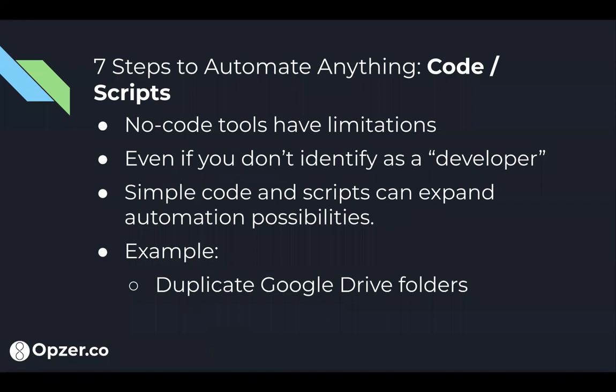Technically, with the APIs you can, but we did it through a script, through a platform called Google Apps Script, and that's how we were able to easily duplicate a Google Drive folder. In this case, it was for an agency client that wanted to duplicate a Google Drive folder when a client signed up. That's a use case where, for a relatively simple goal, duplicating a folder, you might want to use code.